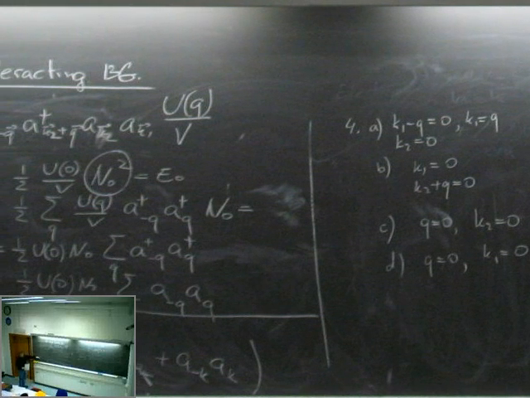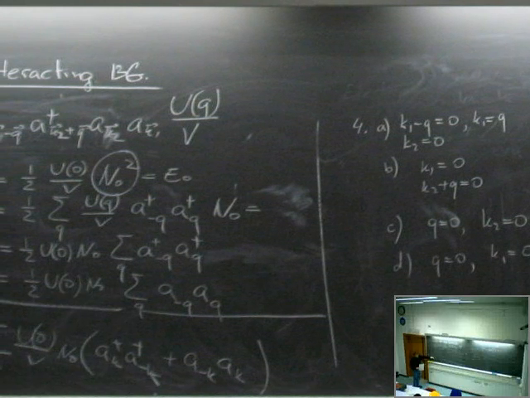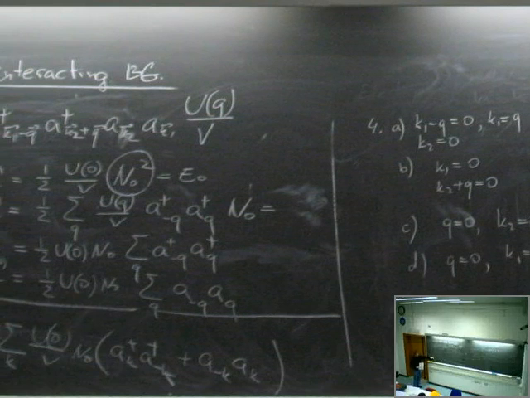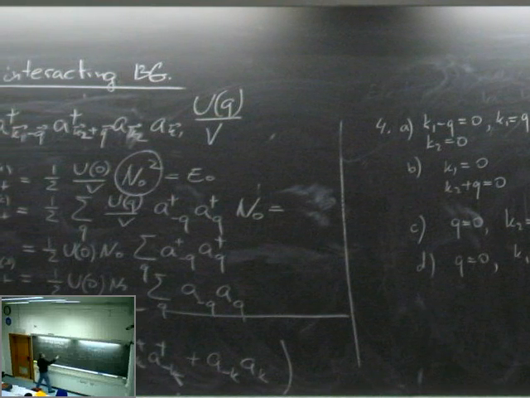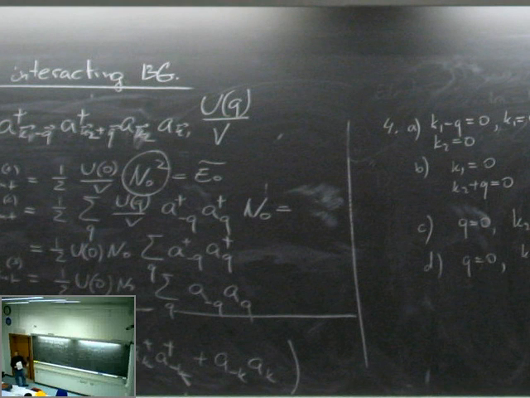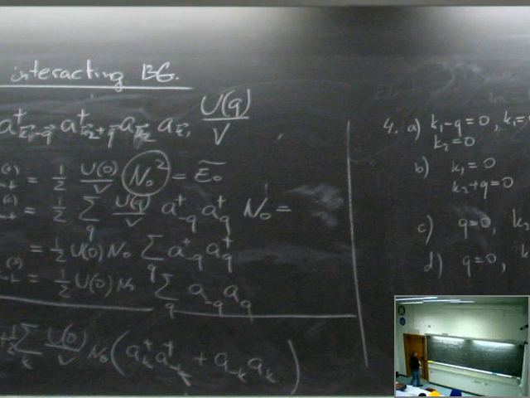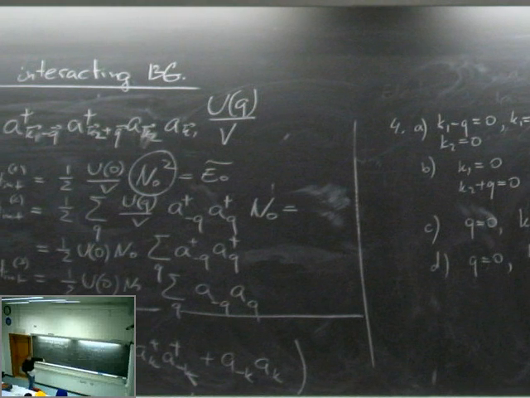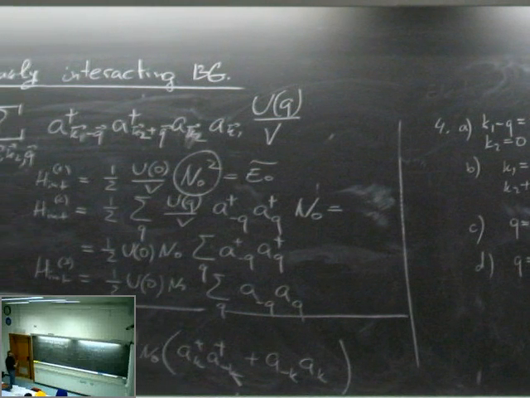Now let me do the following. This n₀ squared comes into E₀. I would like to write E₀ in terms of n. Then the total number of particles is there, and I'm guaranteed that this is a well-defined quantity. So you see that the difference between E₀ and E₀ tilde is that n squared and n₀ squared should be in one and another expression.